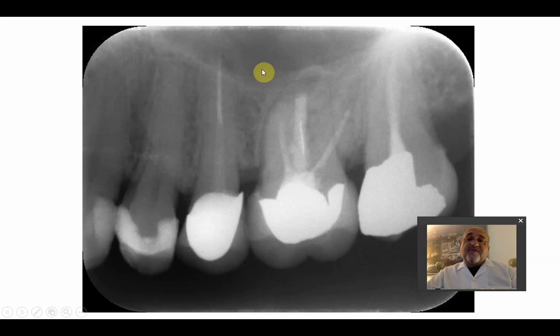If we go to the previous slide, see, the maxillary sinus is seldom seen completely radiolucent. Ideally, it's an air-filled cavity, so in radiology it should appear completely radiolucent, but it never actually does, because there is superimposition of structures.